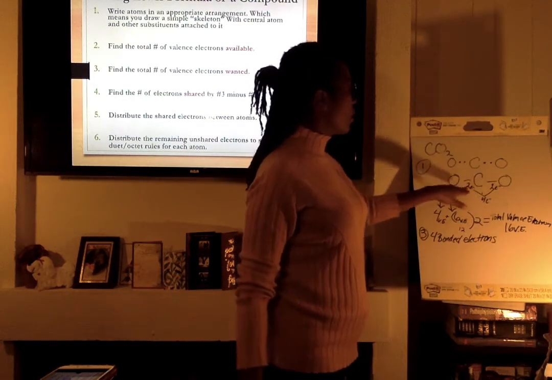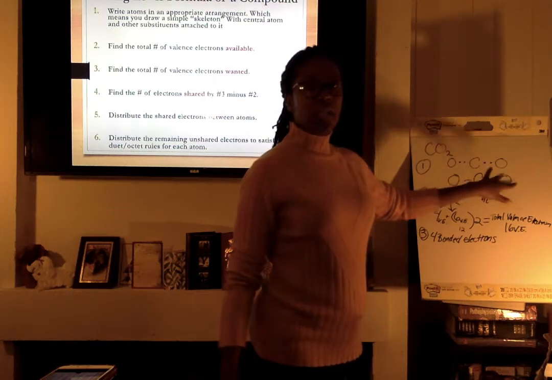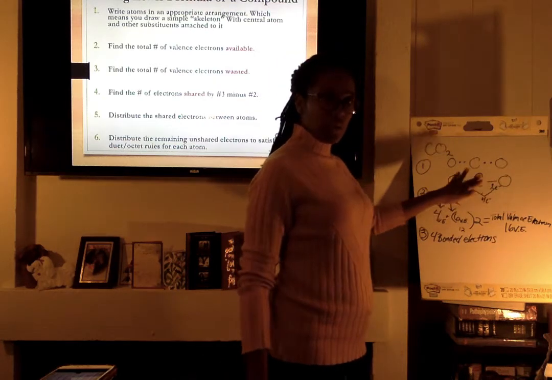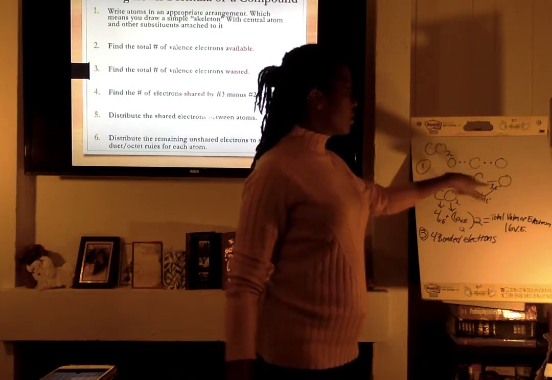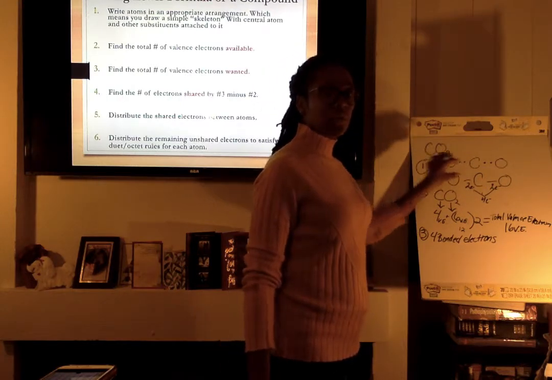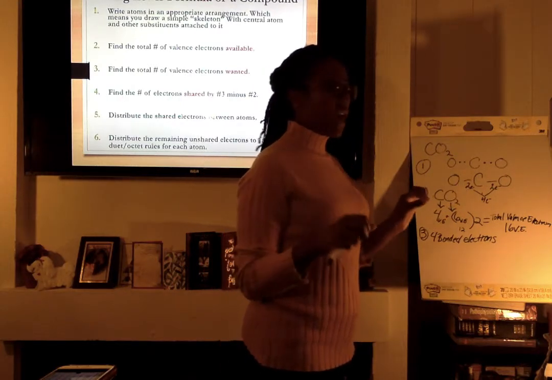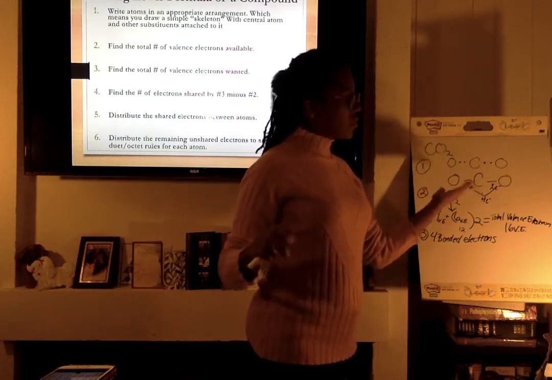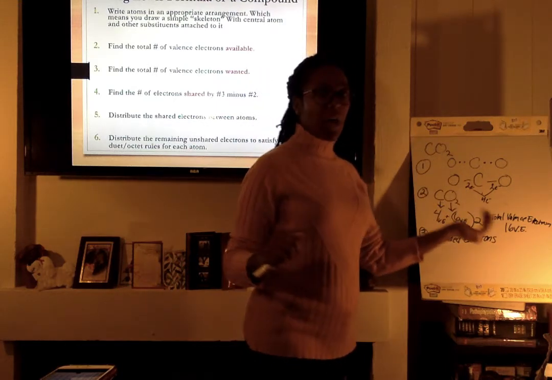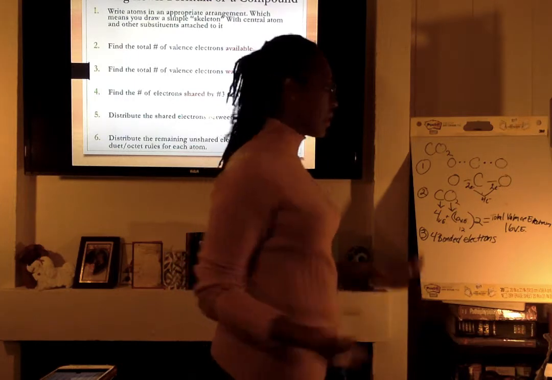But we already know there has to be 2 bonds, i.e. 4 electrons used to create this structure, because there's 2 substituents, and substituents are just things that are attached to the center atom. So because there's 2, we know that there's 4 that are already bonded and automatically a part of this compound.